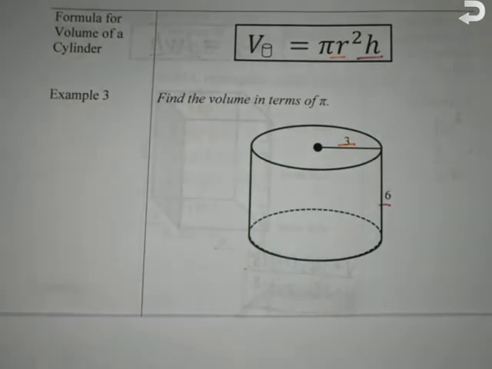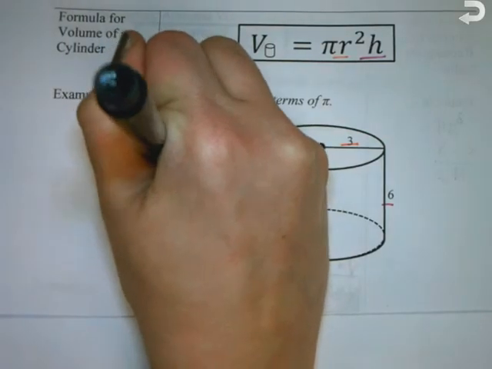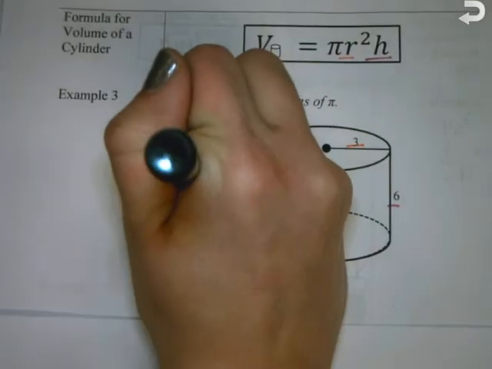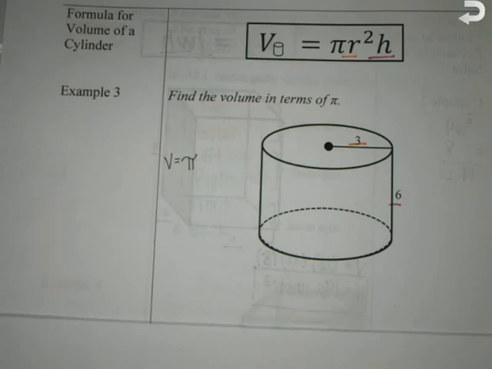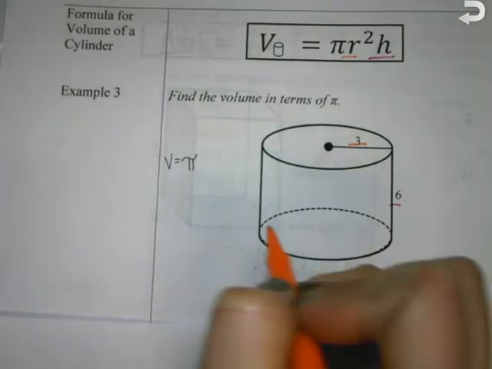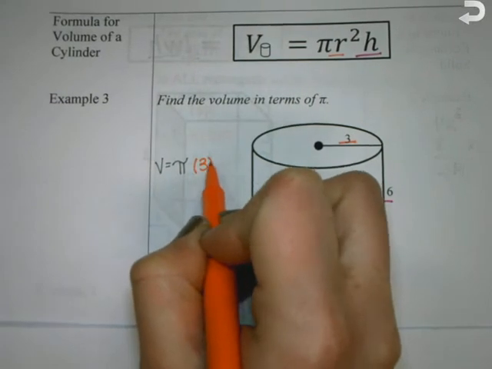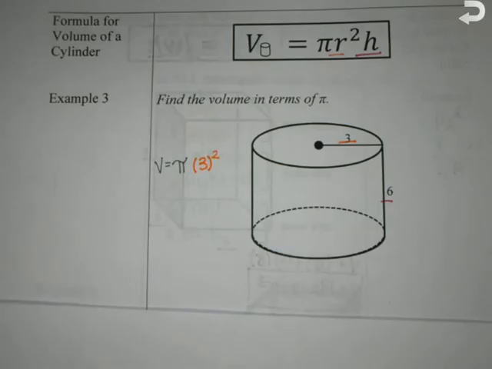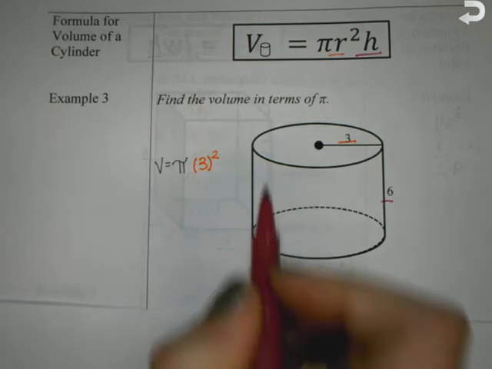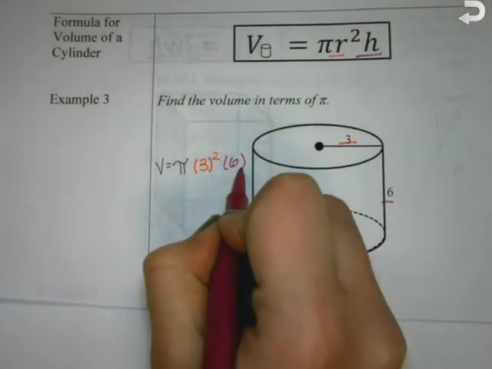pi times r squared, so times 3 to the second power, do not forget the squared part, times the height, which is 6. So volume equals pi.